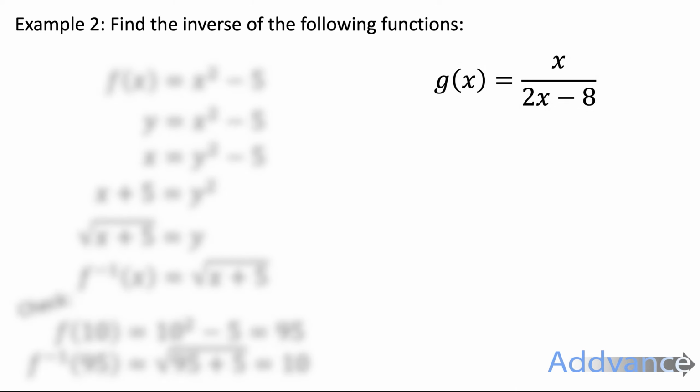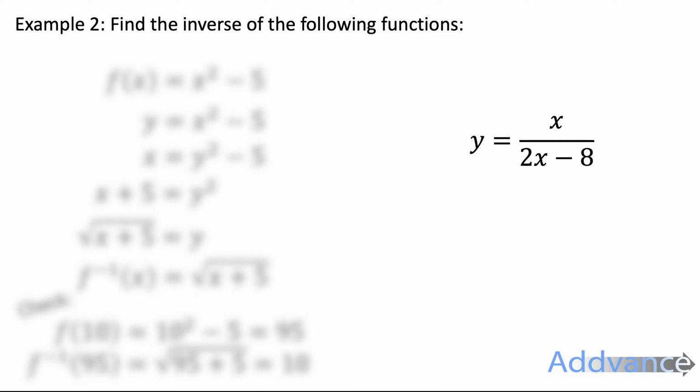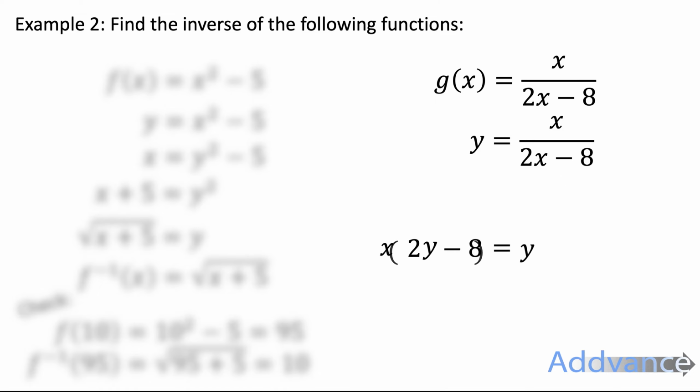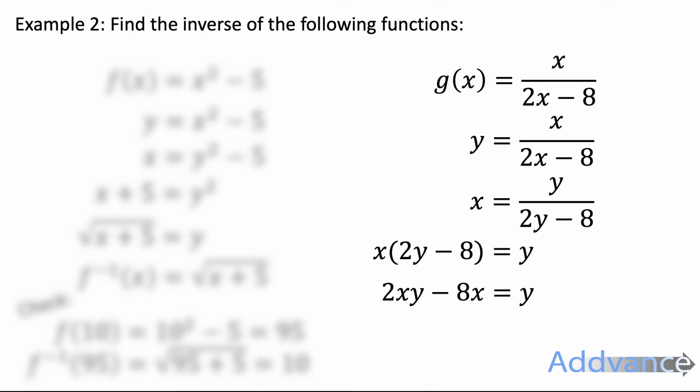Now we'll do it with g of x. So g of x equals x over 2x minus 8. I write y equals x over 2x minus 8. Sorry, first I swap the x's and y's. So it becomes like this, and now I rearrange. I get rid of the divide by 2y minus 8 by multiplying by 2y minus 8. I expand those brackets. And then I'm going to move all the x's to one side and all the y's to the other side.